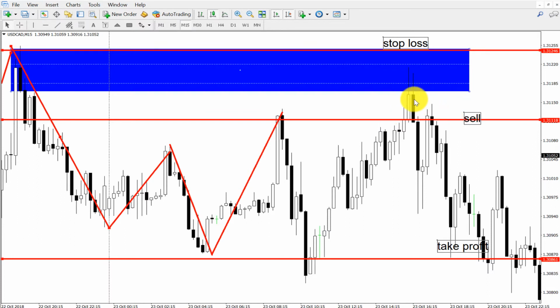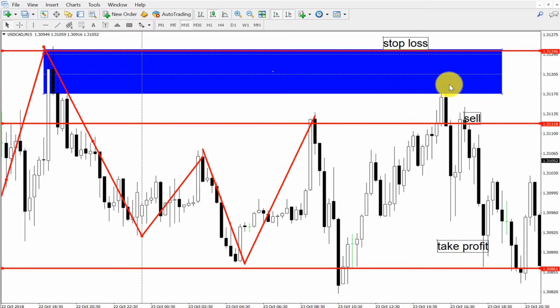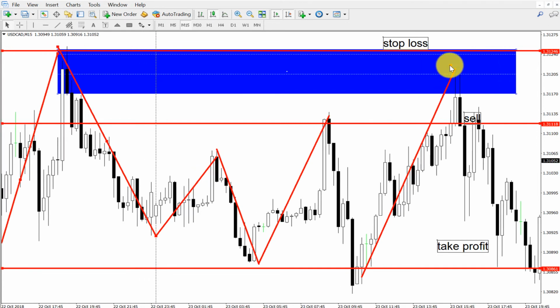And there is some logic why we will take this trade. Logic number one: if you watch very closely, you will see that price came here and then got rejected from here to here, one candle.